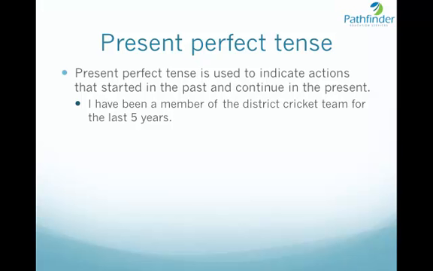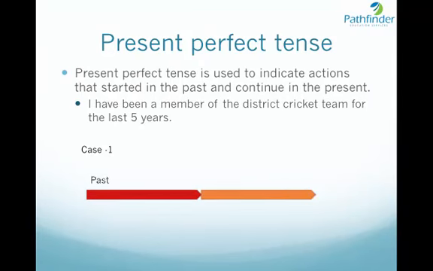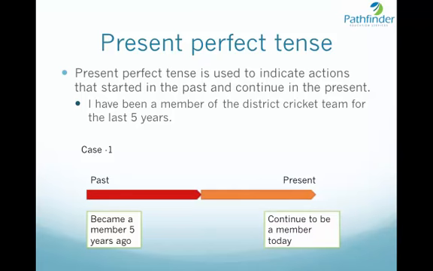So the action started in the past and continues in the present, which is depicted visually in case 1. So here we have a timeline which shows past and present. So I became a member of the team 5 years ago, sometime in the past, and I continue to be a member even today.